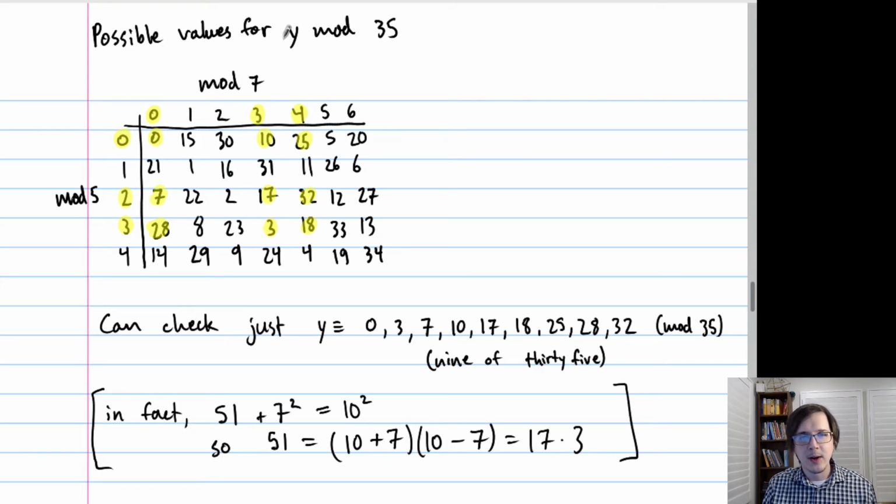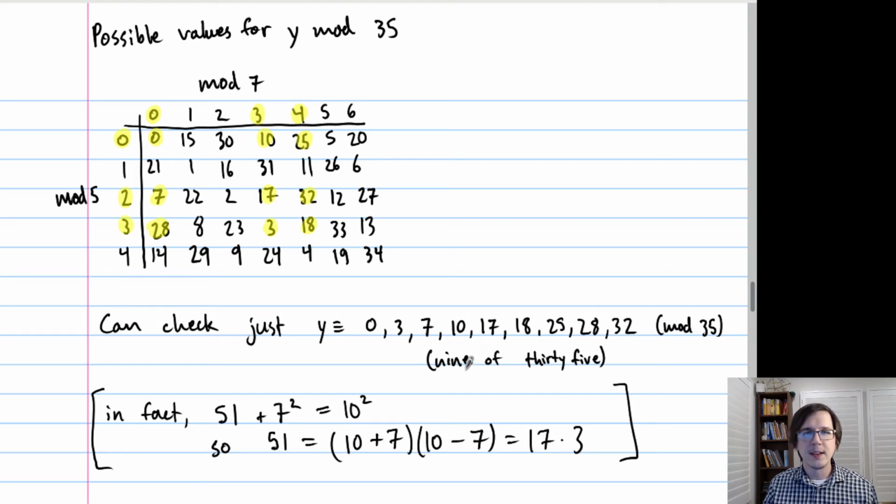Since we know y has to be 0, 3, or 4 mod 7, and 0, 2, or 3 mod 5, that means that only these 9 numbers mod 35 are possible. So we've excluded everything but 9 of the 35 residues.